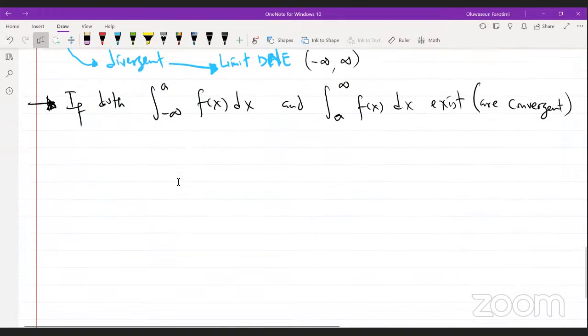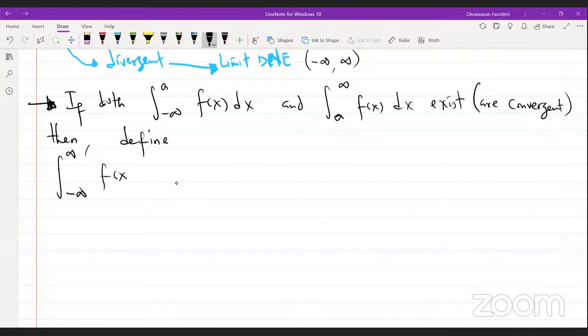Then we can actually define this. Let me show you guys. So far, we've only seen going from negative infinity to a constant, and going from a constant to positive infinity. But what happens if I go from negative infinity to infinity?